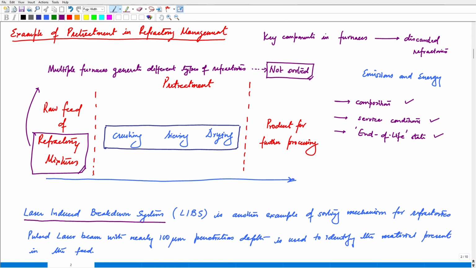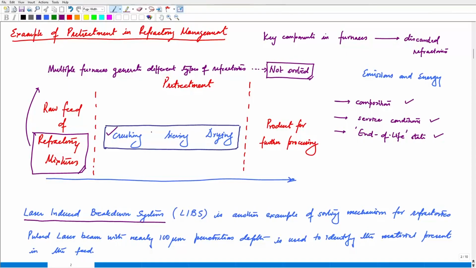So, what is the first thing that we are supposed to do when we go for pretreatment? We take these refractory mixtures, and of course, it is very difficult to sort them at the beginning itself. So, we would like to go for crushing, grinding, sieving and drying, and if it is possible to characterize these, then an initial step of sorting is also possible, but that depends upon whether the sorting mechanism is available or not.